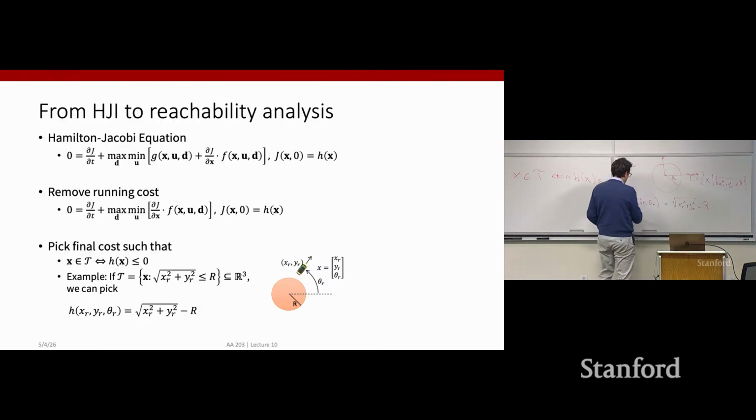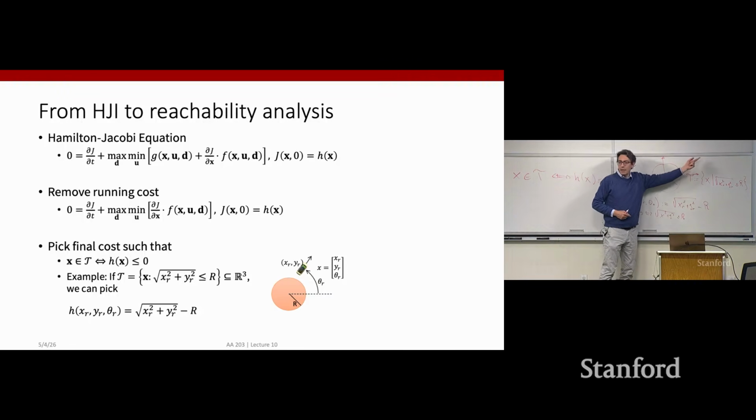So if h is less than or equal to 0, it means x squared plus y squared is less than or equal to r, which means that its displacement from the origin has to be less than r, so it's inside the circle. If h is greater than 0, it means that you are outside. And of course, the more h is negative, the deeper you are in the circle.